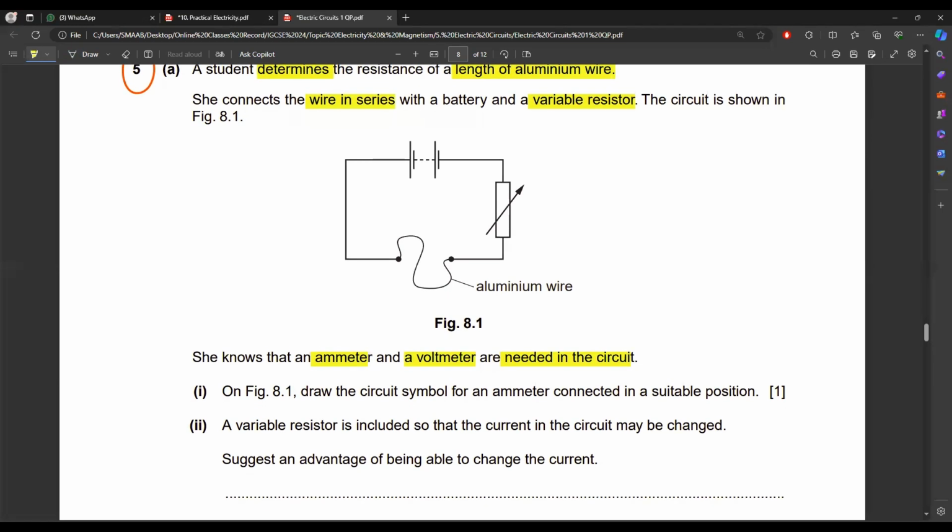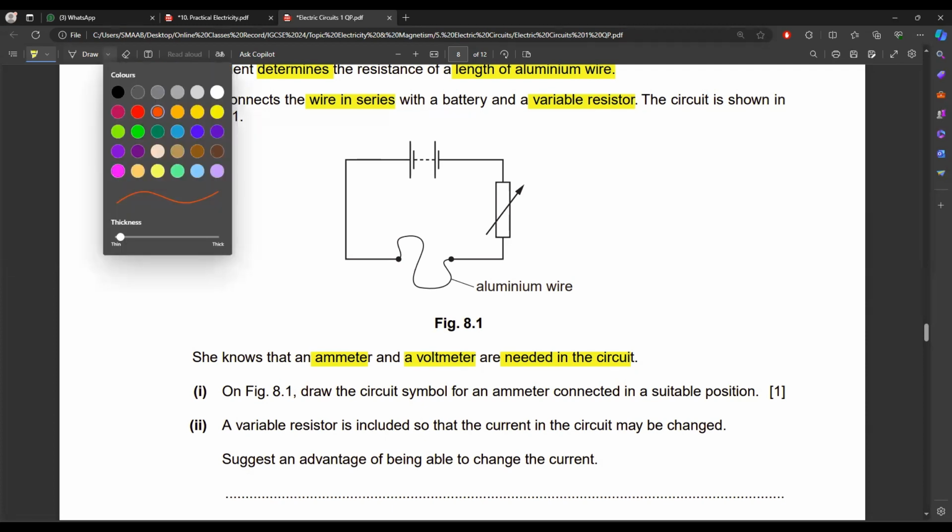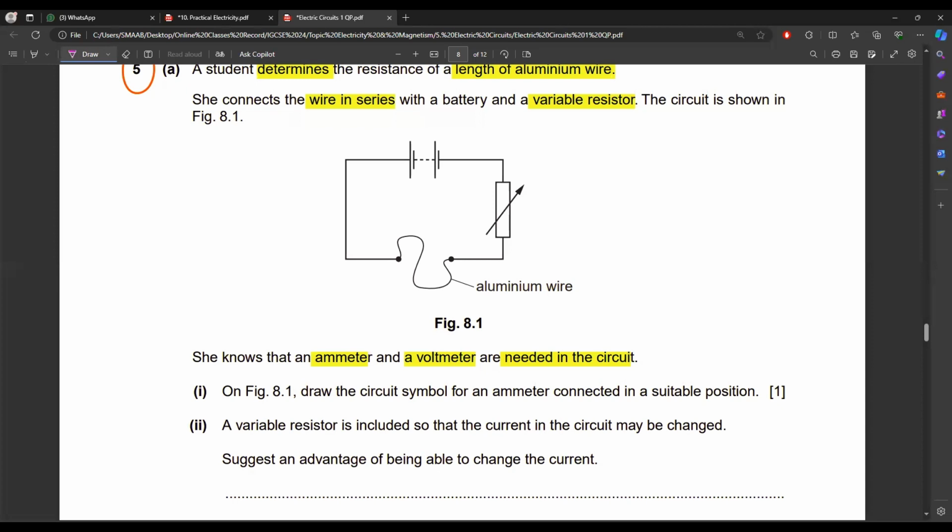On figure 8.1, draw the circuit symbol for an ammeter connected in a suitable position. So where do we have to fix the ammeter in the circuit? We know that an ammeter is always connected in series combination.